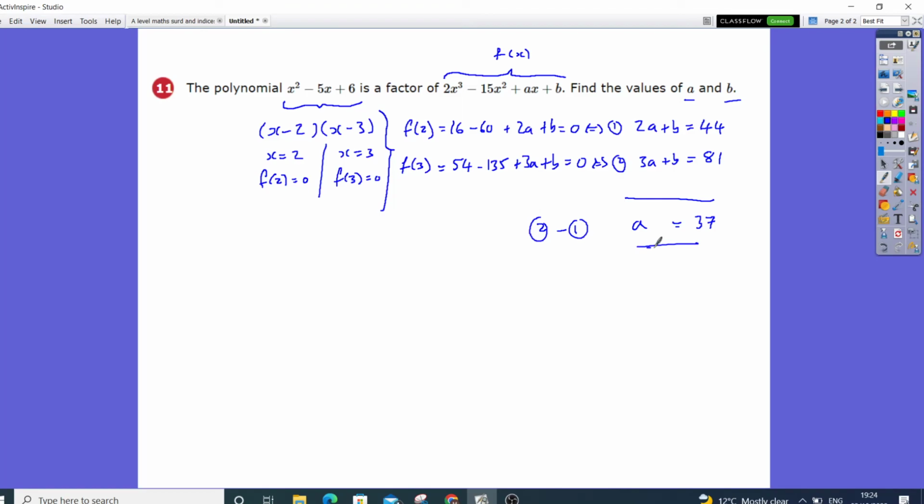So we've got a, and then sub a into equation, the simple one will be equation 1, so double 37 is 74, plus b equals 44, and take the 74 off there, therefore b would equal minus 30.